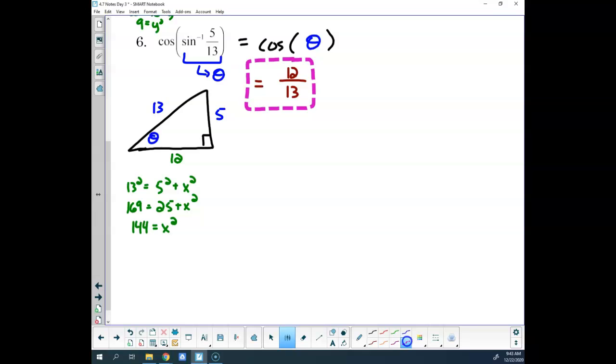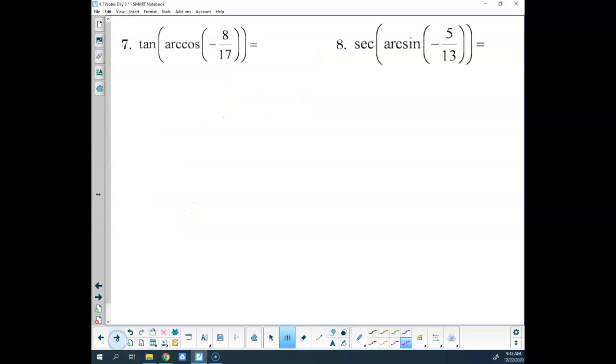Hearing and seeing none, why don't you now try 2 of them? All right. Our cosine is negative now. That puts me in quadrant 2. So I'm going to draw a quadrant 2 triangle.